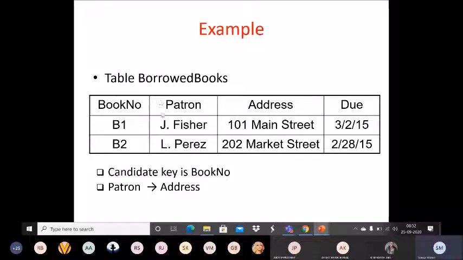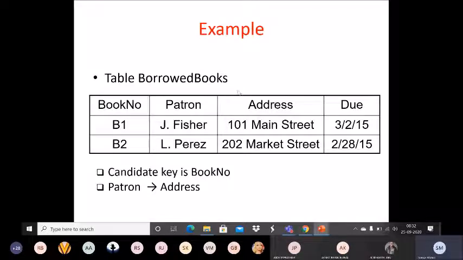For this example, book number is my primary key, or you can say book number is my candidate key. For the last example, book number and patron both were my candidate key, but for this example only book number is my candidate key, and patron determines this address, or you can say address is determined by the patron because address is dependent on this patron, right?